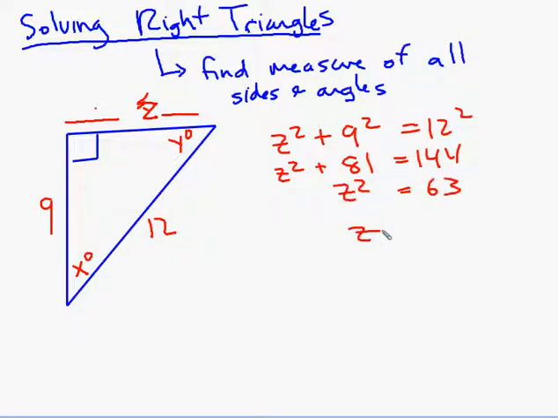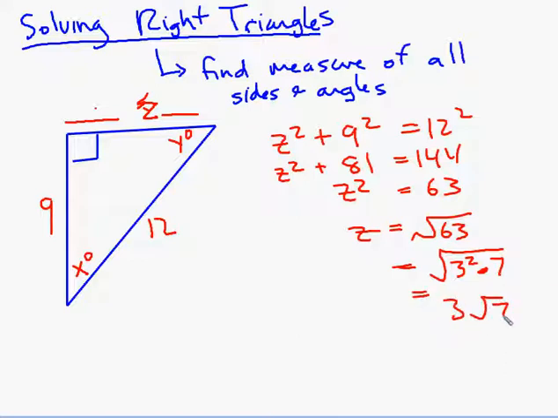And then I square root that. We did simplifying radicals, so I would expect you to prime factorize that. And I get 3 root 7. Exactly. So that's part of my answer.